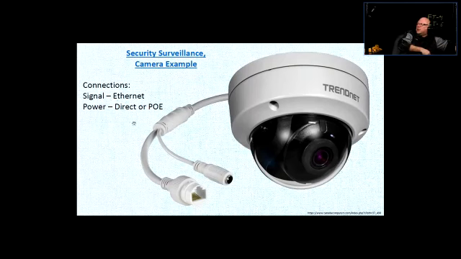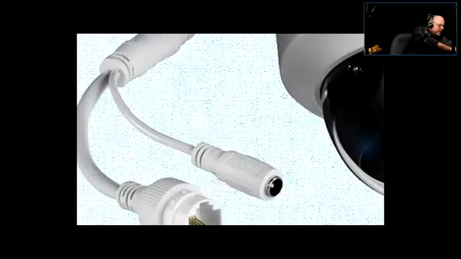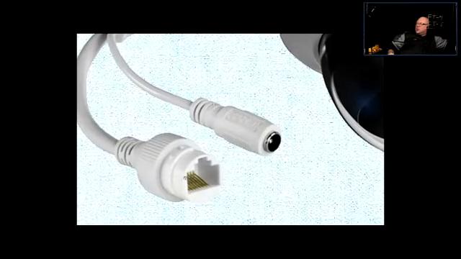Internet Protocol cameras. What do you use? You use Ethernet. Everything goes Ethernet, right? You use Ethernet cable to make a connection between the main panel and the camera itself.